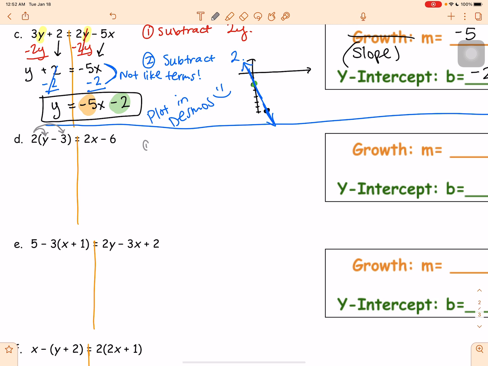So I'm going to put here, distribute the 2, sorry. Distribute the 2 to the y and the negative 3. So 2 times y is 2y. 2 times negative 3 is negative 6. Okay.